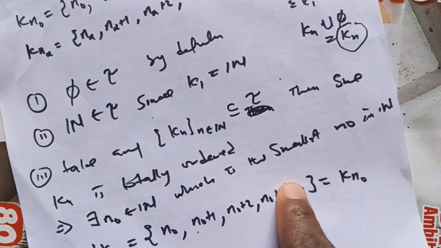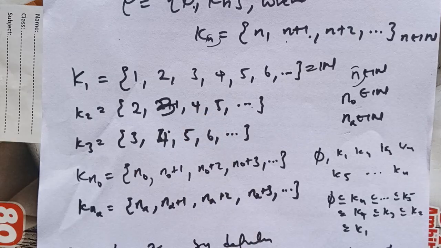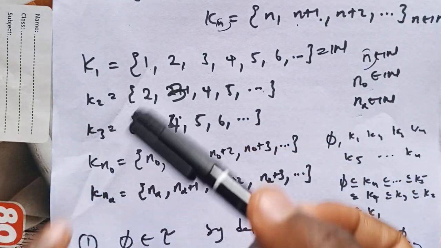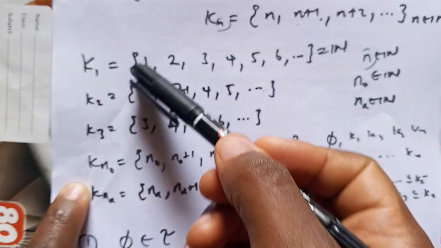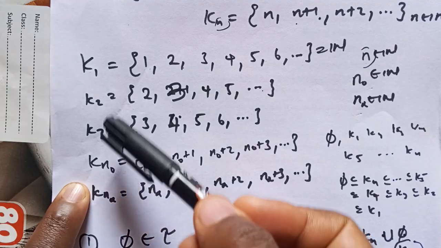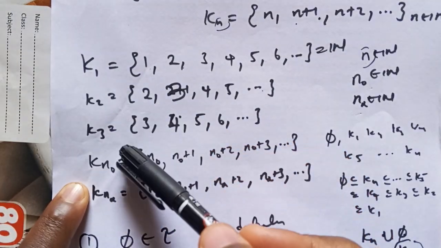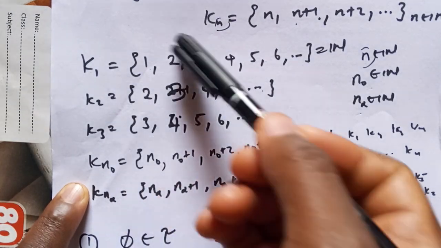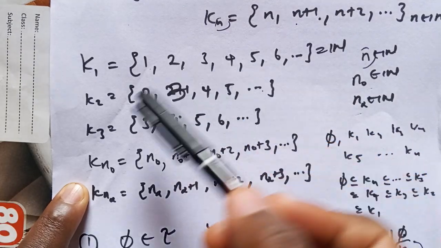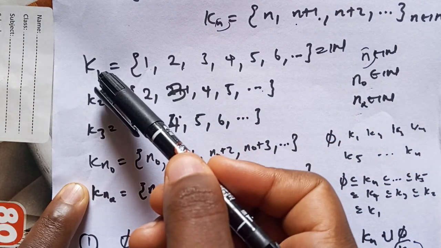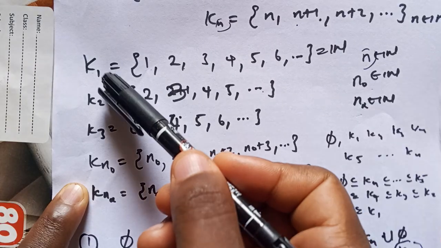Now look at this very carefully. Let's assume I'm doing the union of K1, K2, K3. What do you have? The union of this will simply be K1. Now observe that 1 is the smallest number, because we have 1, 2, 3.